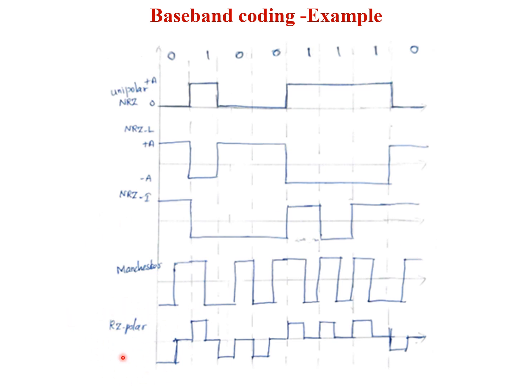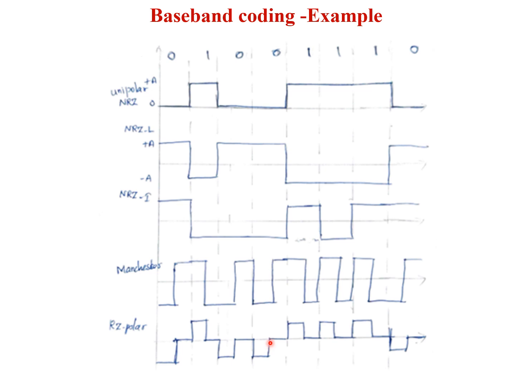RZ polar means polar has two polarities. 1 is represented by a positive pulse and 0 is represented by a negative pulse. Return to zero means each pulse returns to 0. How is 0 represented?